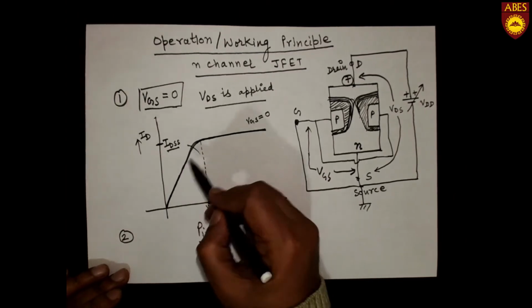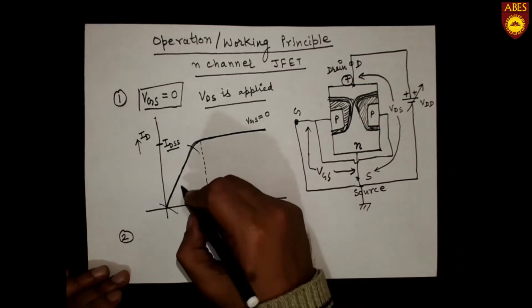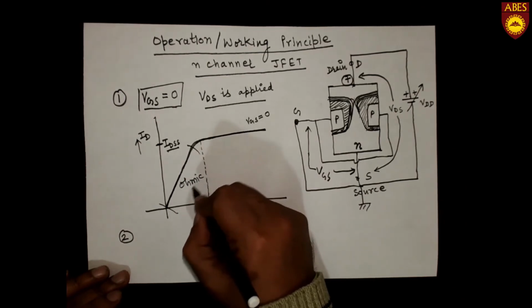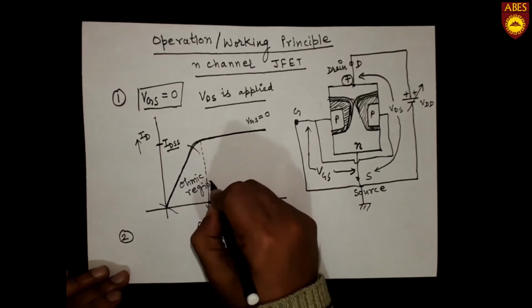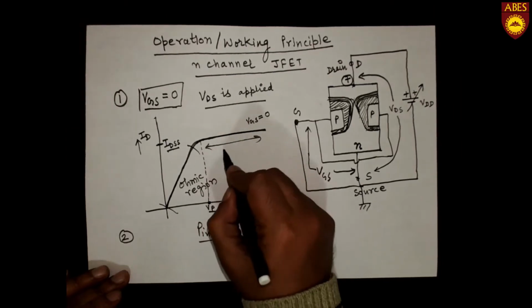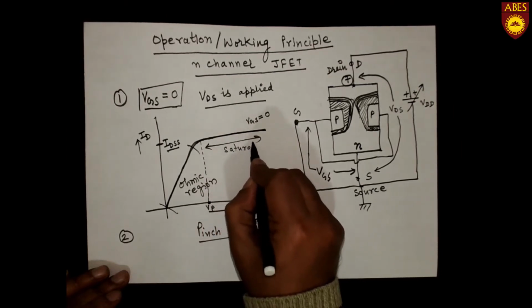This region of the graph is called the ohmic region, and this region is called the saturation region.